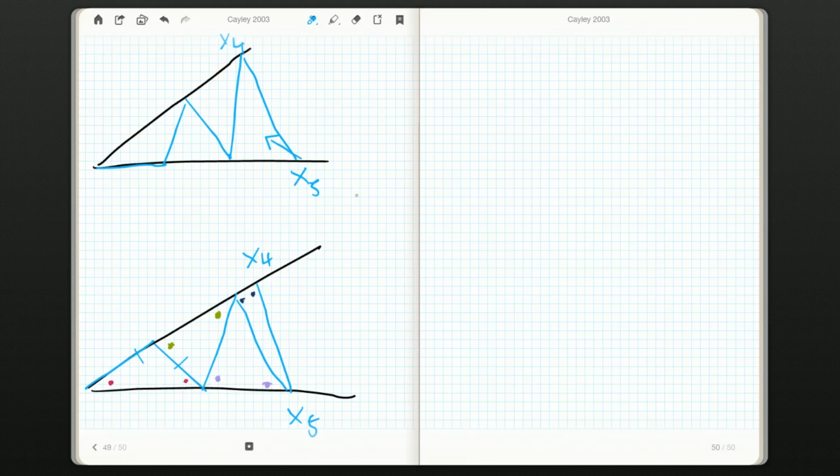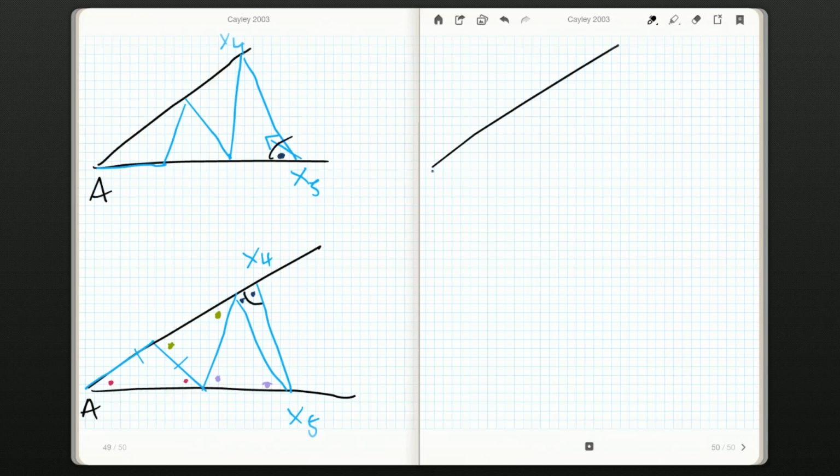Now what happens is, if we put these together, it's about the angle of A, x4, x5, and A, x5, x4. Those are the angles that I'm really interested in here, because those are both going to have to be the same. So we do that.